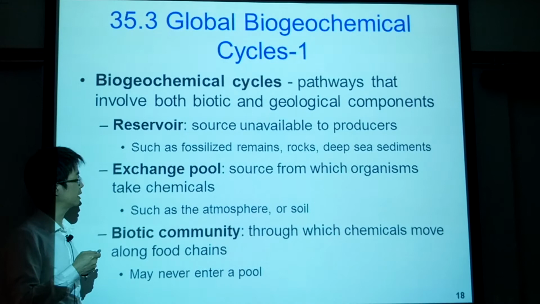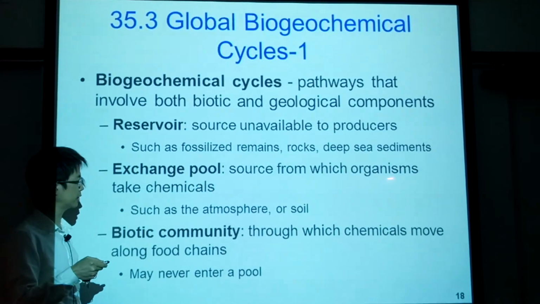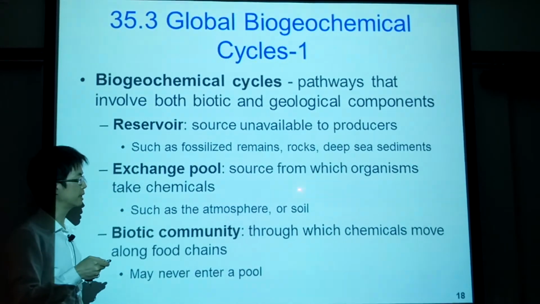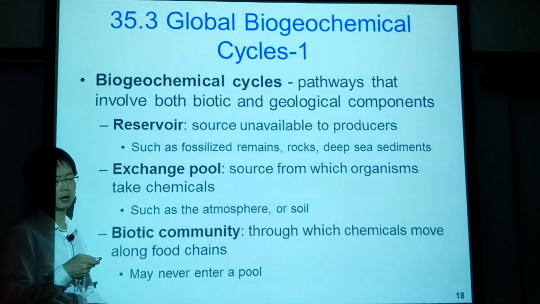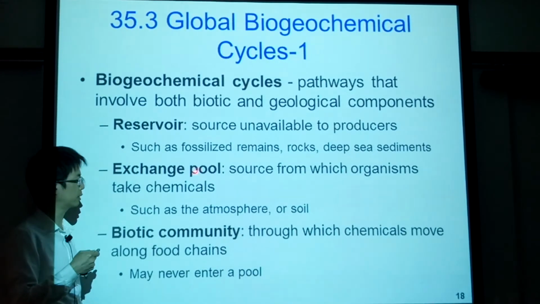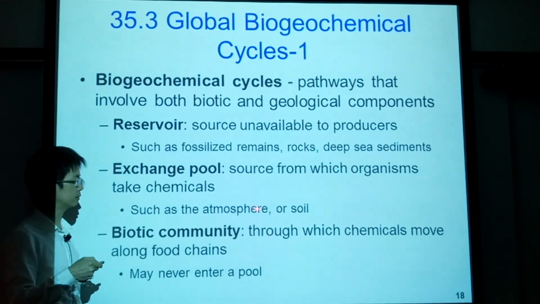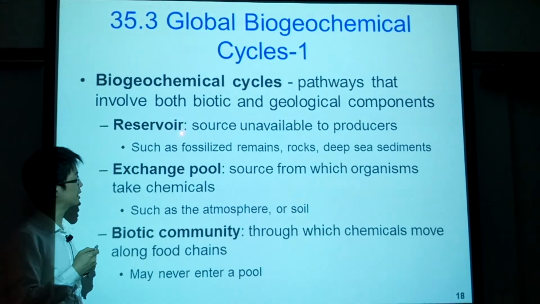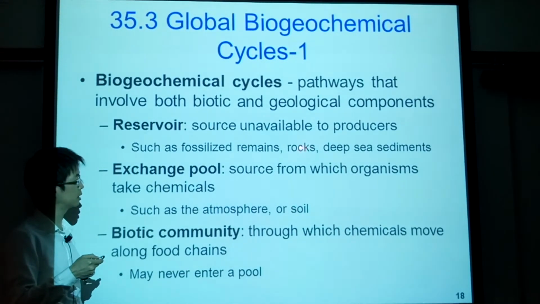Exchange pool is that the inorganic nutrient in the reservoir will go into the exchange pool so that the organism or the producer or the consumer can acquire the inorganic nutrient from the exchange pool. An example of exchange pool will be atmosphere or soil, or the example of reservoir will be rocks, fossils, or deep sea sediments.